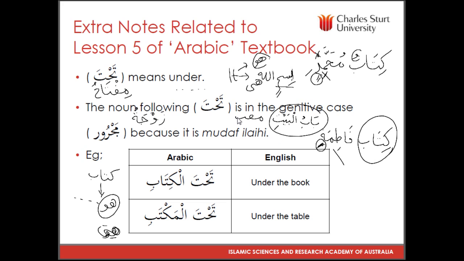Mubtada and khabar always have both. إضافة. Yes, this is mudaf and this is mudaf ilayh. In terms of grammar, this is the mubtada. This is khabar. This is not khabar. This is mudaf ilayh. So mubtada.